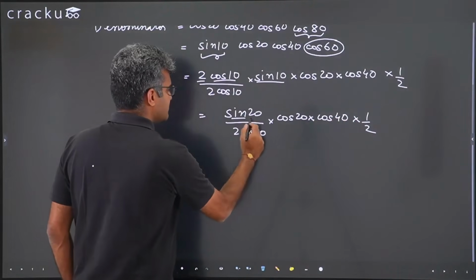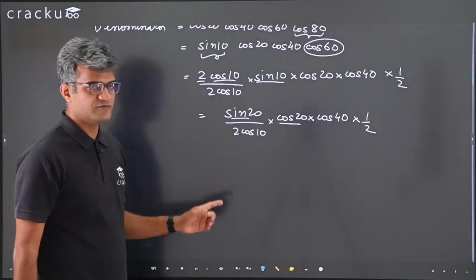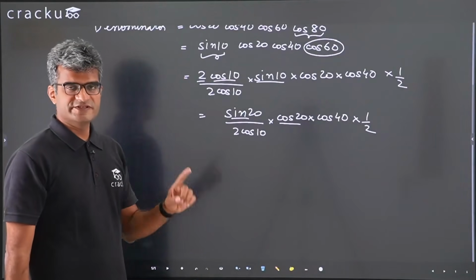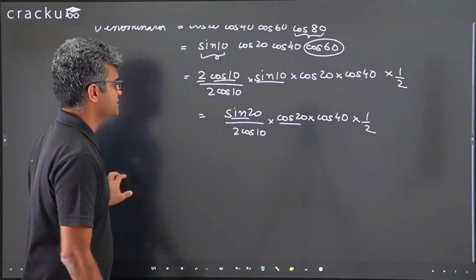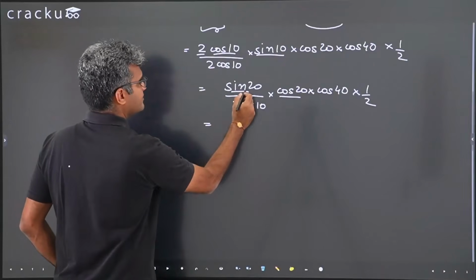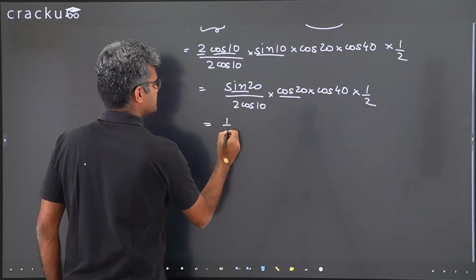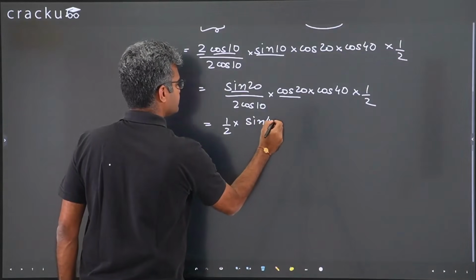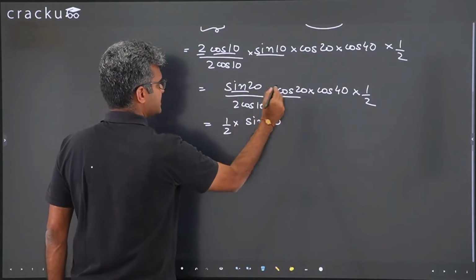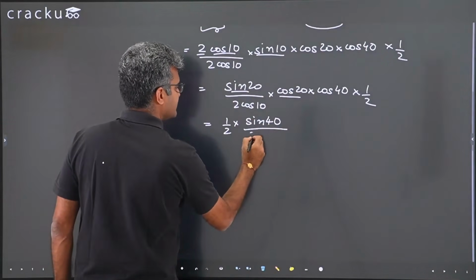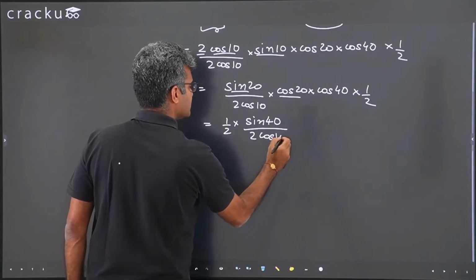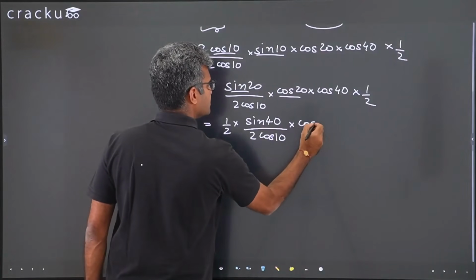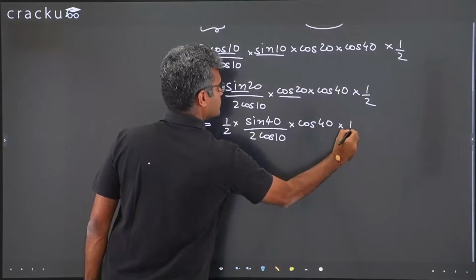Now what is sine 20 into cos 20? This is again of the form sine 2a, which is equal to 2 times sine a into cos a. So this is equal to 1 by 2 into sine 40. So sine 20 into cos 20 divided by 2 times cos 10 into cos 40 into 1 by 2 becomes 1 by 2 into sine 40 into cos 40.